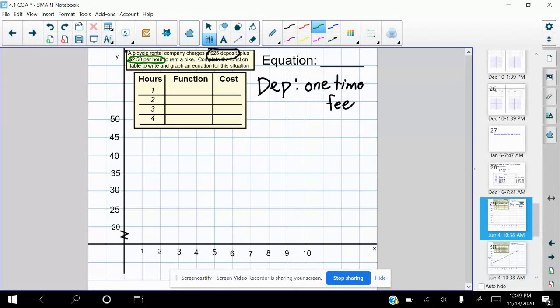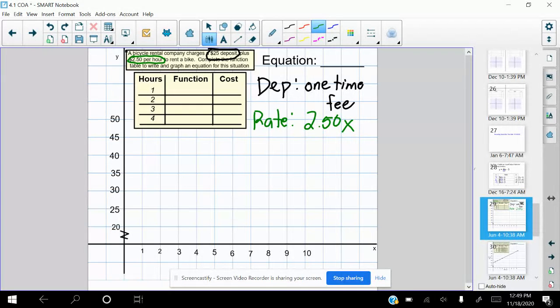So the second piece is going to be the rate. We call this our rate. And it's $2.50 per hour. And we can represent our hours with x, because we don't know how many hours it's going to be rented for. But we need to figure out how much it would cost if we knew how many hours it was rented for.